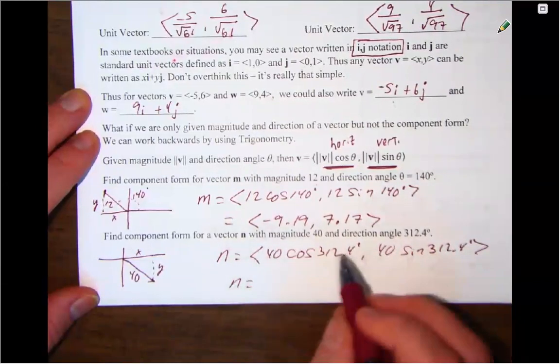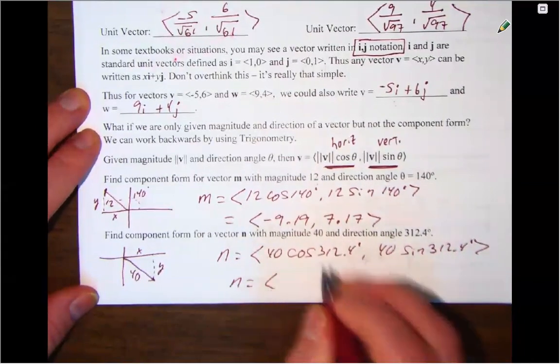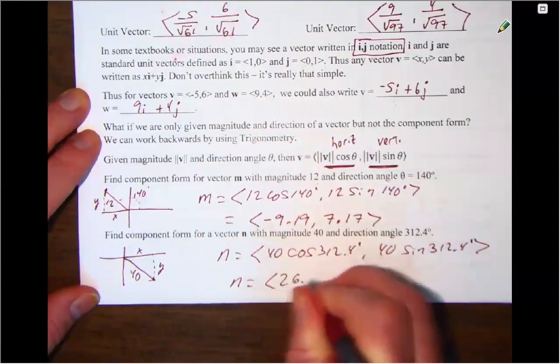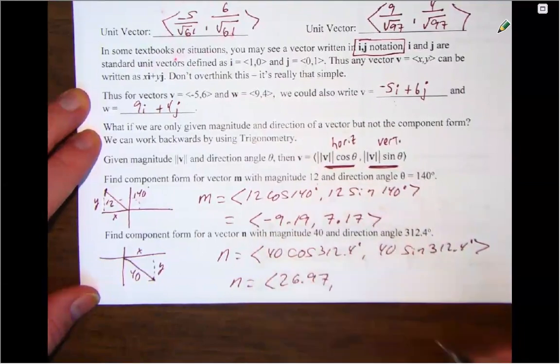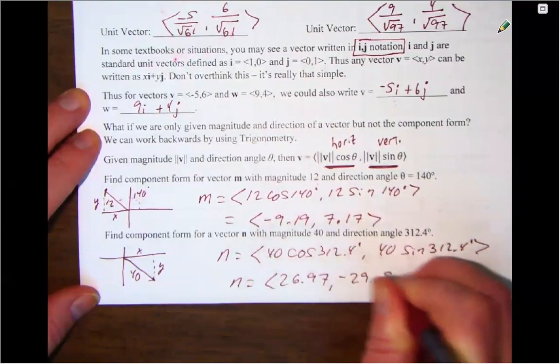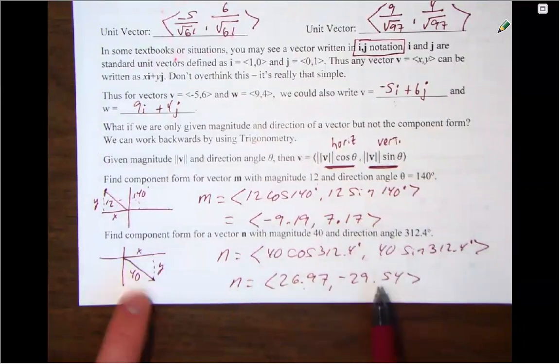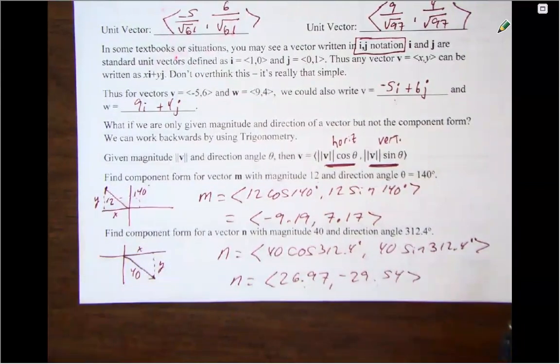And those will come out to be, when you put them in Mr. Desmos, 26.97 and negative 29.54. And again, that makes sense because I'm in quadrant 4, so x is positive, y is negative, and we are good.